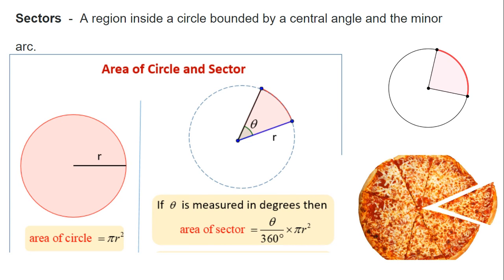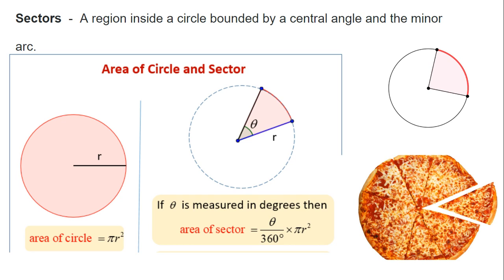I also want you to write this down. This is the formula to find the area of a sector. If you ever want to find the area of your pizza pie or any type of sector, this is the formula. We know the area of a circle is pi r squared, which we learned before.